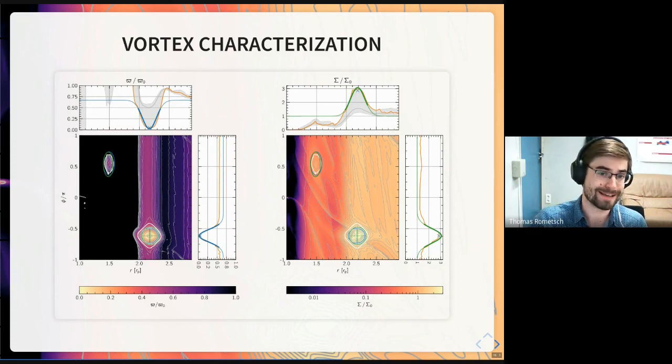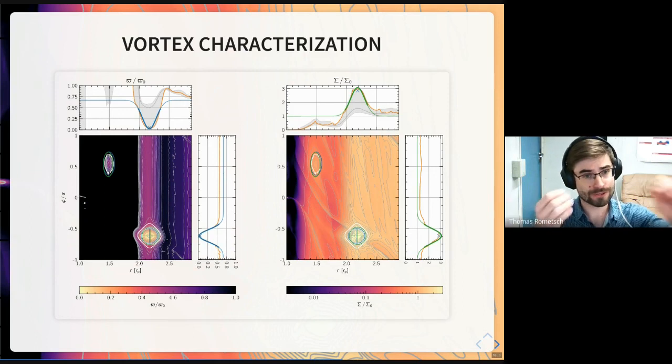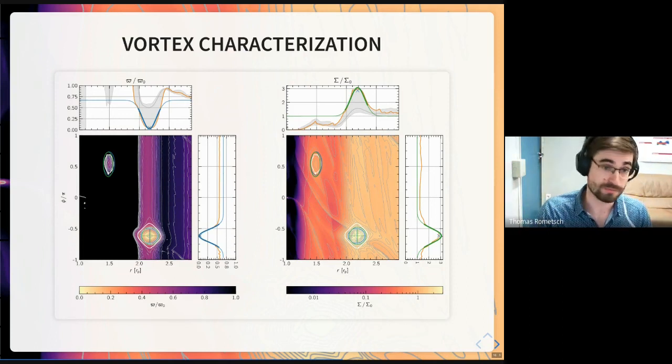It can even be a runaway process, and that's indeed one way to form solid particles in these vortices: by accumulating them first, and then you trigger gravitational collapse, and boom, you have a solid particle. That overcomes things like the drift barrier and the fragmentation barrier. That's quite a nice way.